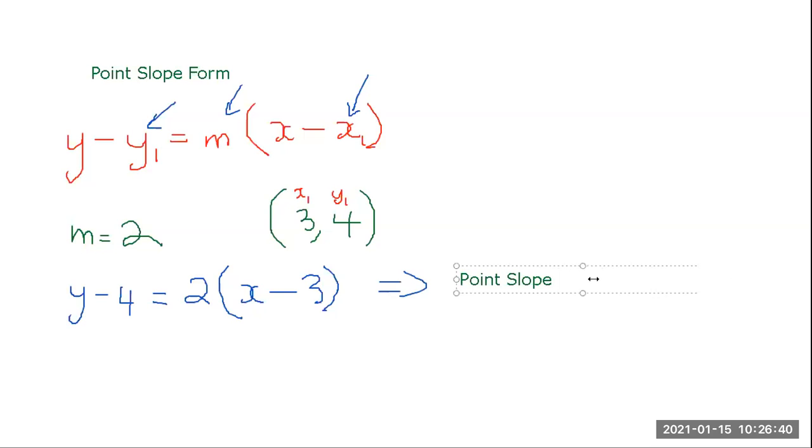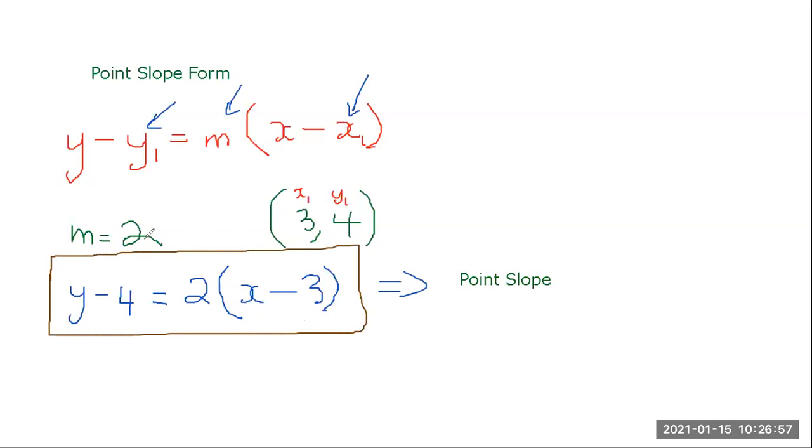So whenever we say put an equation in point slope form, this is basically what we're looking for at this point. All right. Let me go back. Sorry. That's in point slope form.